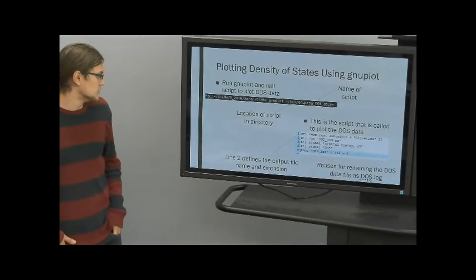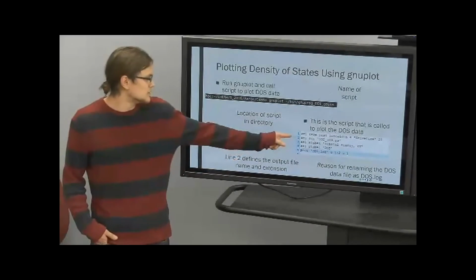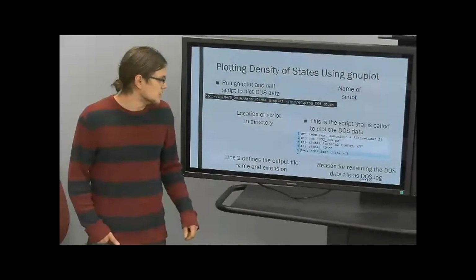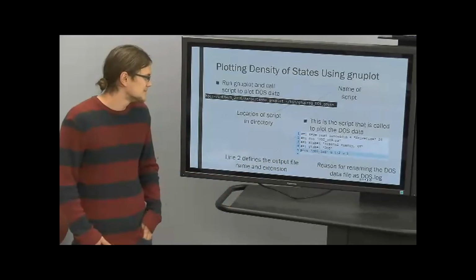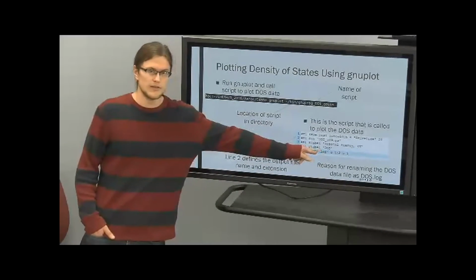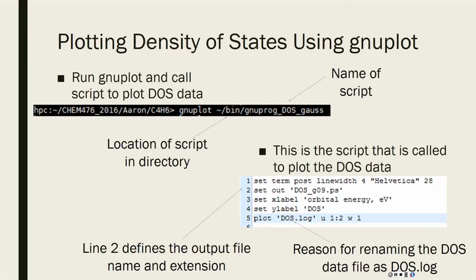The important thing to look for is line 2. It's the set output line that tells us the output file, DOS-Go9, so we're going to get a PostScript file. And then we tell it to plot dos.log. So that's why we have to rename everything dos.log, because if it's not named that, it doesn't know what file we're trying to go after.